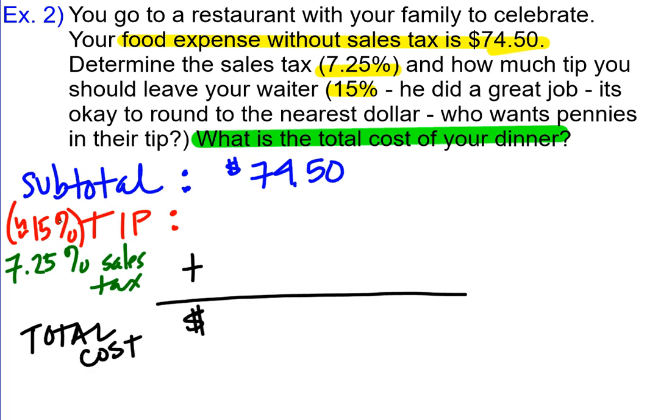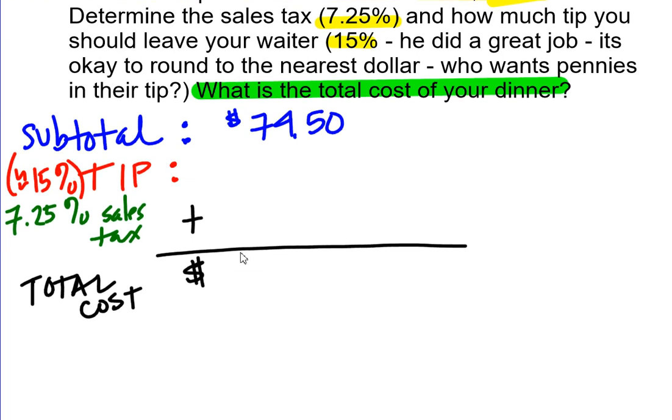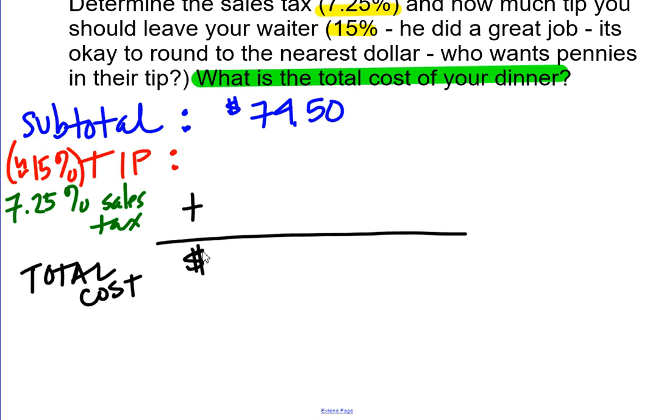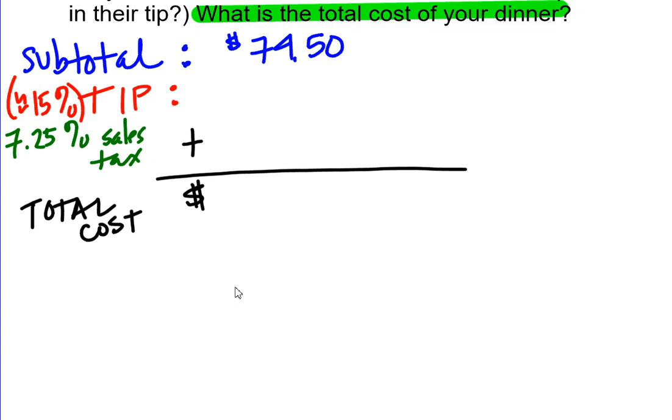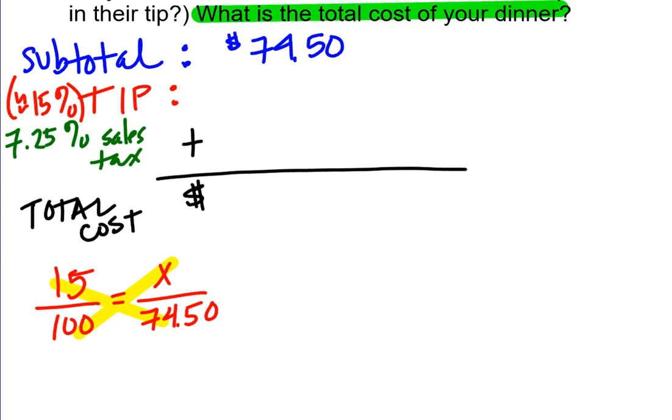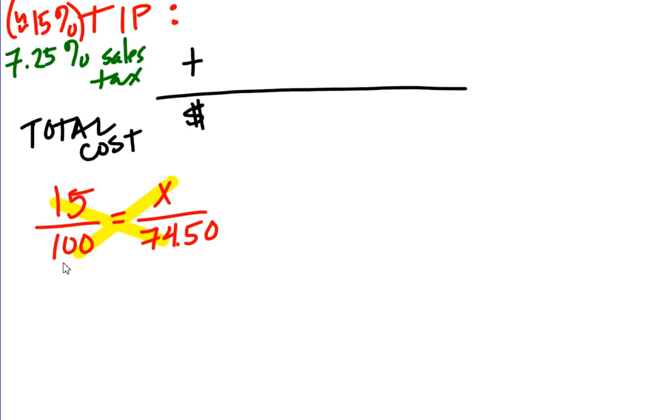So the first thing we're going to do is look for that tip. So we've got to find 15% of $74.50. So we're going to set that up. Extend the page a little bit. Okay. So we're going to find 15% of $74.50. And we're going to cross multiply. Okay.